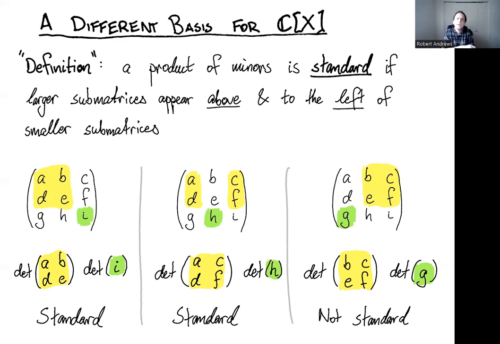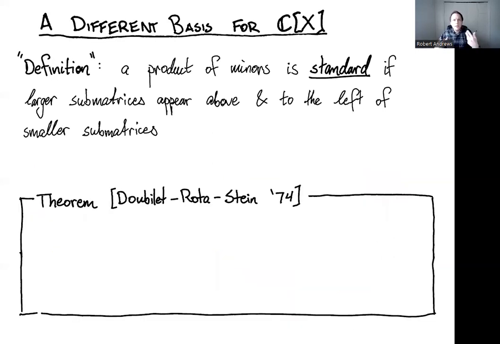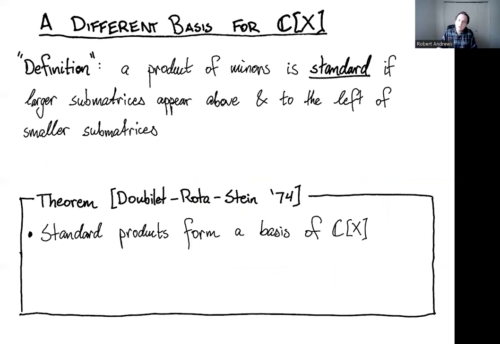Now, why am I telling you about these standard products? Well, it turns out that there's this old theorem due to Doubilet, Rota, and Stein from the 1970s that says the following. First off, it says that the standard products are actually a basis for the polynomial ring. So we've got some basis that consists of products of minors, and it's a basis that is not exactly the monomial basis.